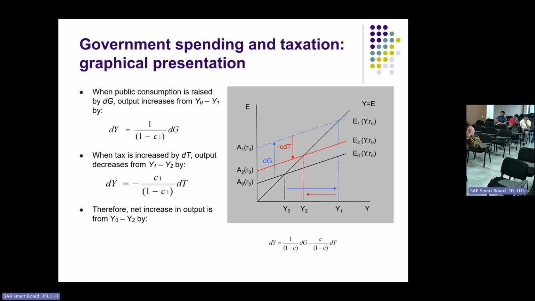Because now if you take the two equations, we know the government expenditure multiplier is delta Y over delta G, which is 1 over 1 minus C1. This is the tax multiplier.